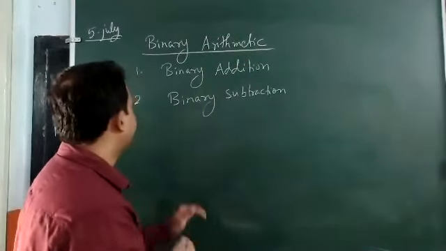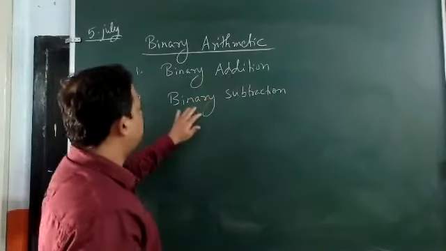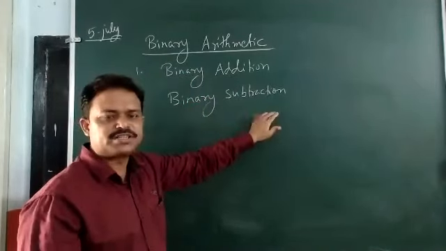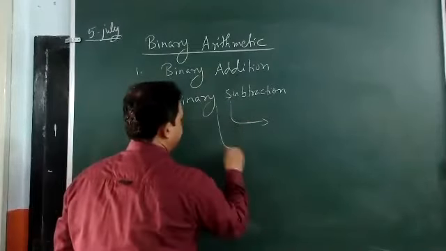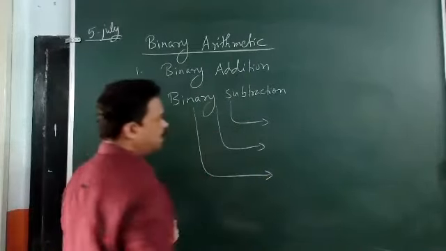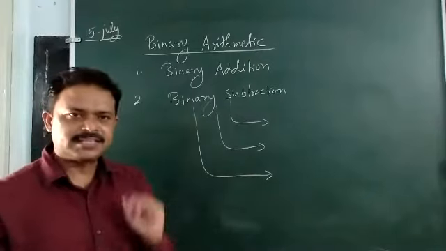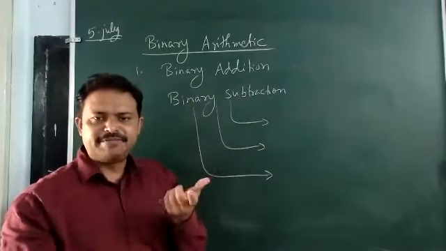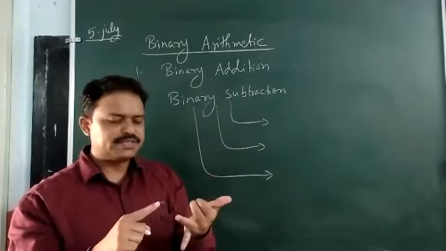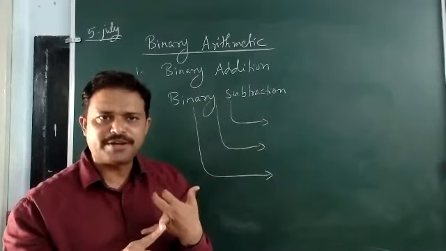So binary addition, then we are going to do binary subtraction. In binary subtraction, we have three cases. Why am I telling we have three cases? Because we represent negative values in one's complement also, and in two's complement also.